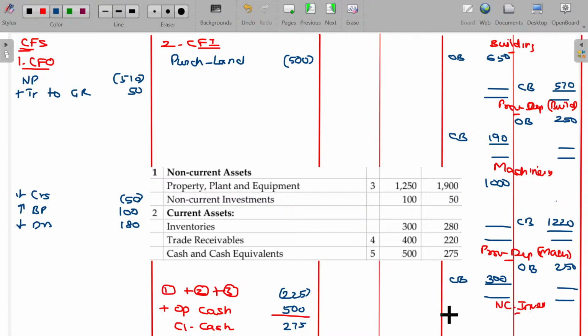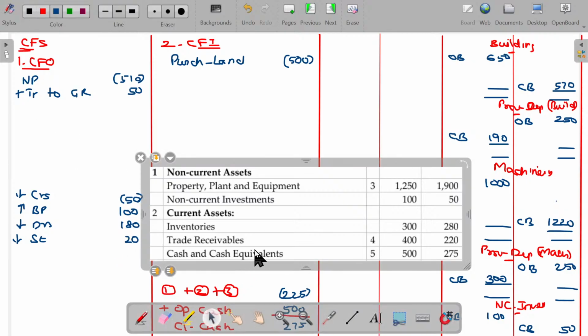Opening balance 100, closing balance 50. Inventories 300 becomes 280, decrease of stock. The value decrease being 20. If the stock decreases, it may be assumed our cash balance increased due to this.